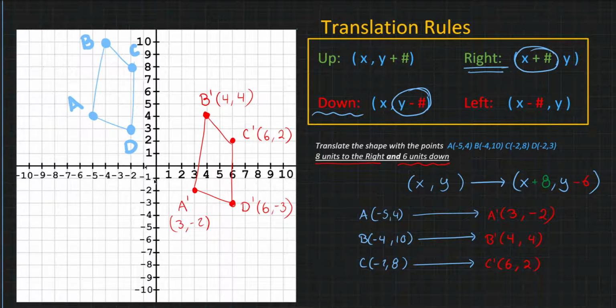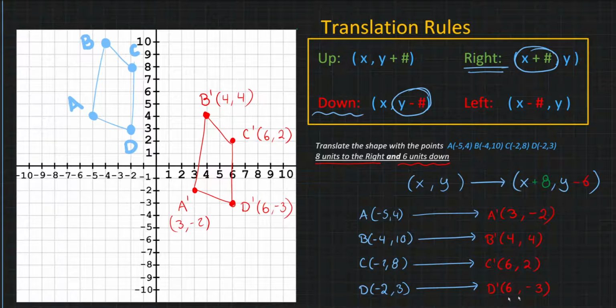And then last but not least, our D is going to be -2, 3. That's where we start. Put it into our key here. And D prime should be -2 plus 8, which is again 6. We just did that one. And 3 minus 6, which is -3. And there we have it.